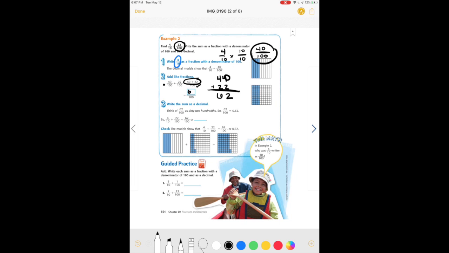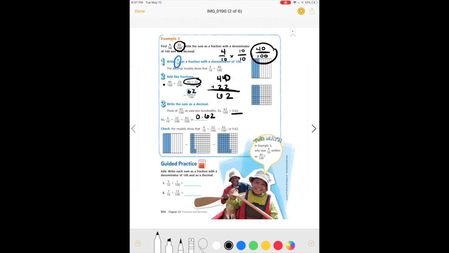So our numerator is 62. Now we need to write the sum as a decimal. So we have 62 hundredths. So 62 hundredths is equal to 0.62. So 4 tenths plus 22 hundredths equals 62 hundredths, or 0.62.